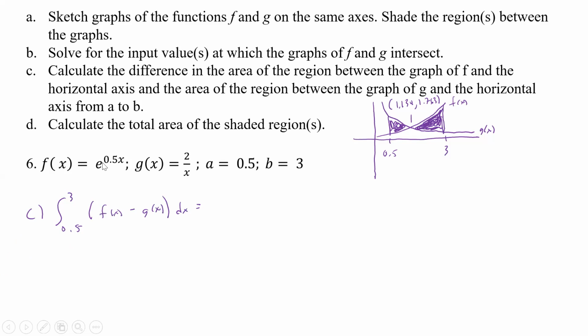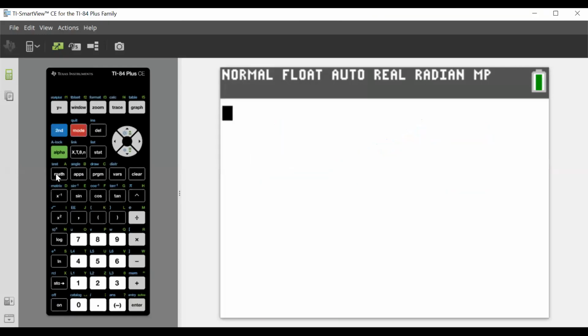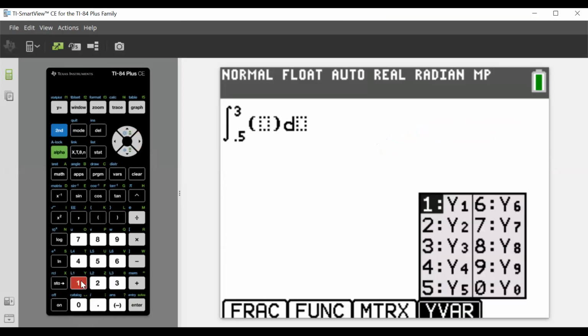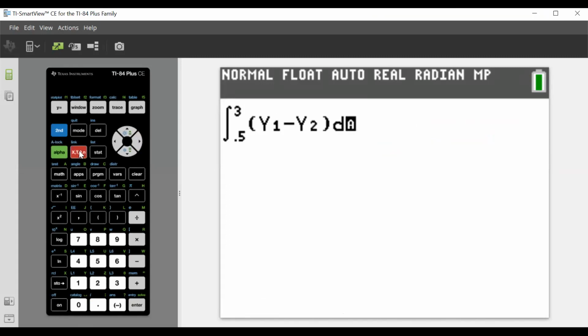So we're taking y1 minus y2. So math 9, 0.5 up to 3 of alpha 1 minus alpha 2, dx.